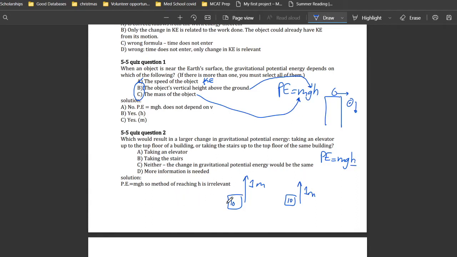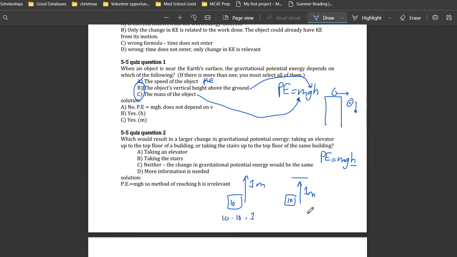If we write out the equation, we have 10 kilograms times 10 meters per second squared times 1 meter. It's the same for both of these bricks. And regardless of the method it took to get to that height, as long as you're at that height, the potential energy is going to be the same.